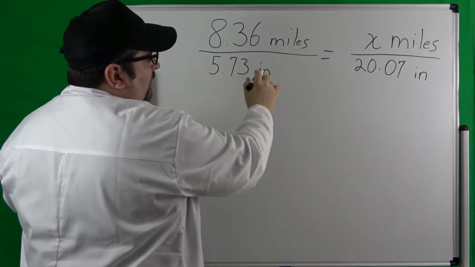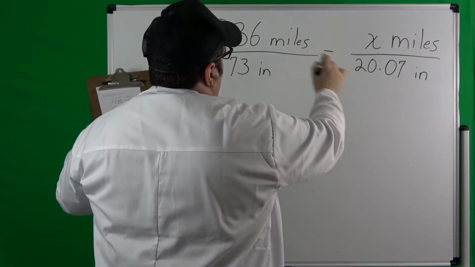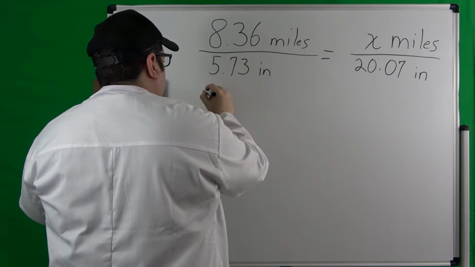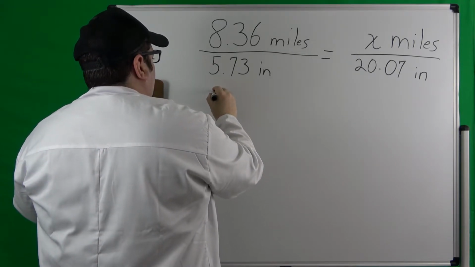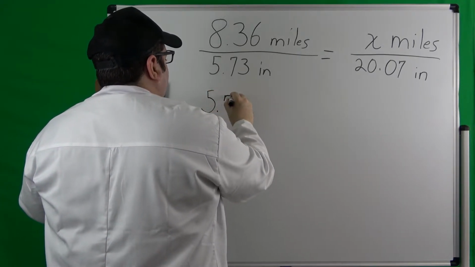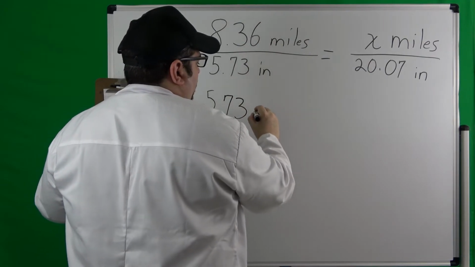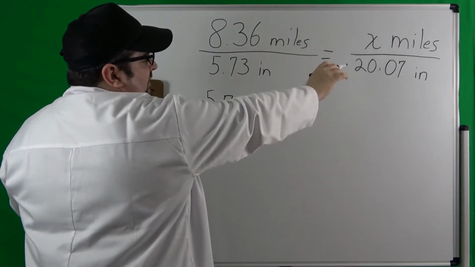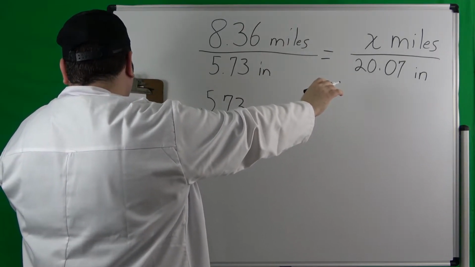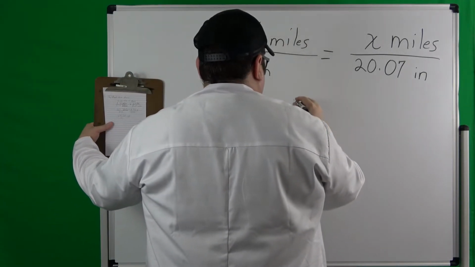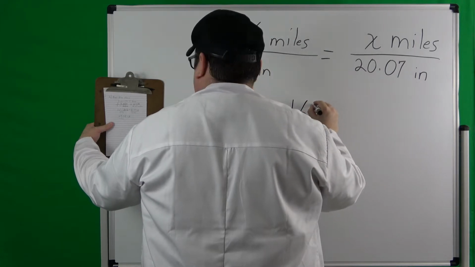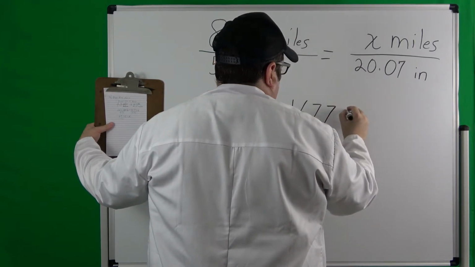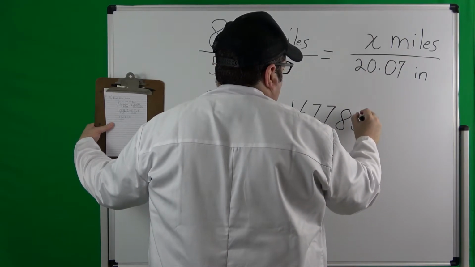So now we're just going to cross multiply. 5.73 x equals 8.36 times 20.07, which would be 67.7852.